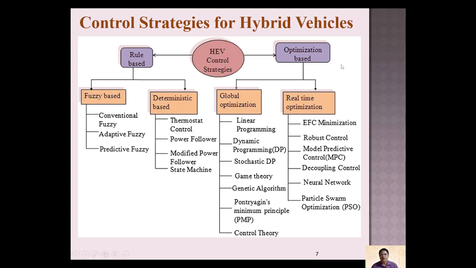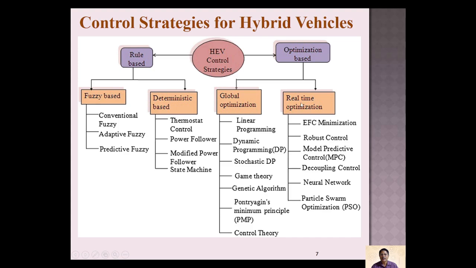In the optimization based control strategy, it has two major classifications. One is global optimization, another one is real-time optimization. In the global optimization: linear programming, dynamic programming, then stochastic dynamic programming, game theory, genetic algorithm, then Pontryagin's minimum principle, PMP, then control theory. These are the global optimization control strategies.